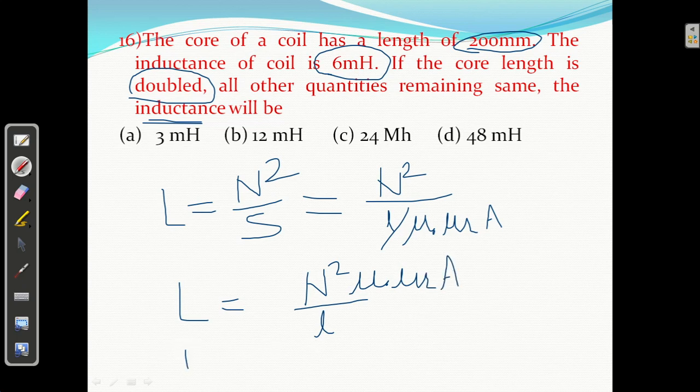This means inductance is inversely proportional to length. Clear? So if the other quantities remain the same and you are doubling the length, since it is inversely proportional, the inductance will be half.